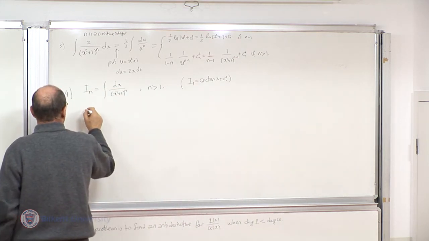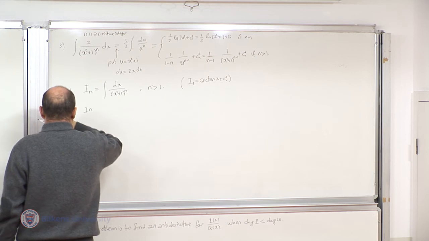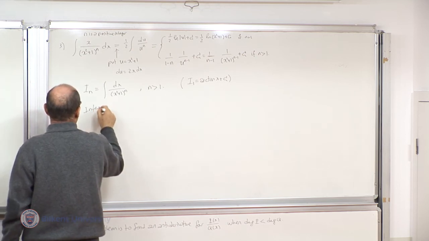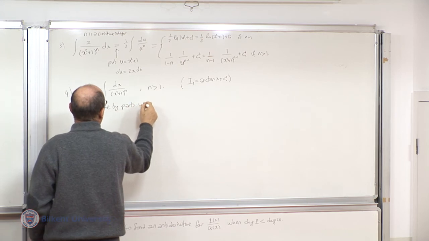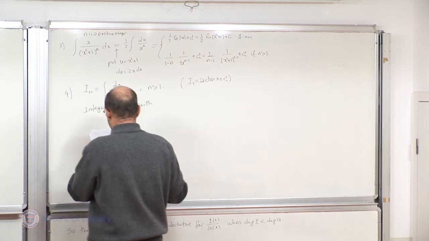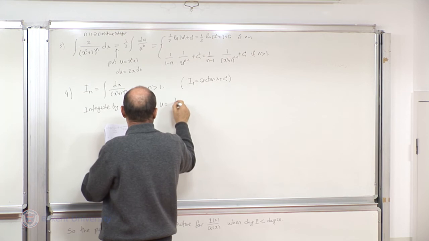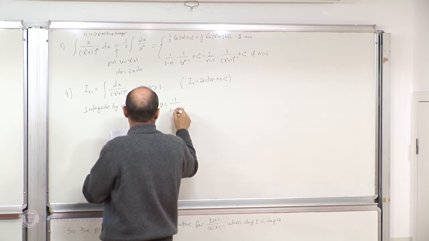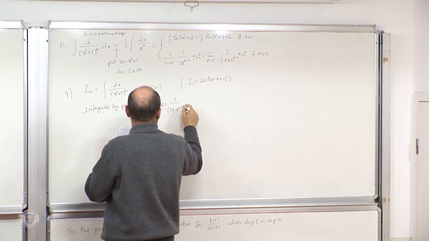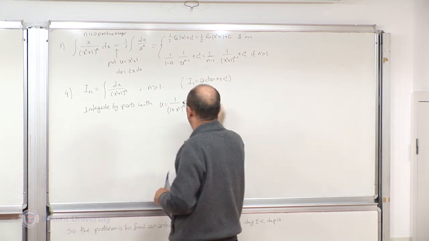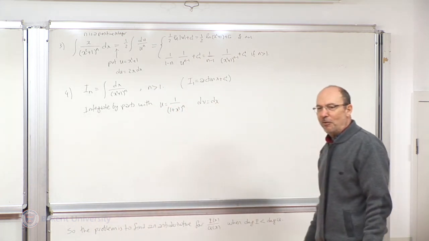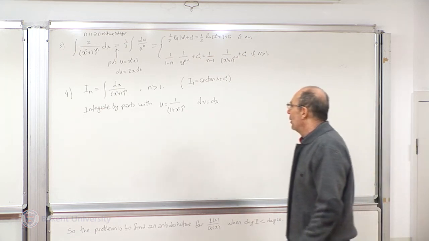So integrate by parts with, let's see, u equals 1 over (1 plus x squared) to the power n, and dv is dx. So this is the trick you play when you don't know what to do.